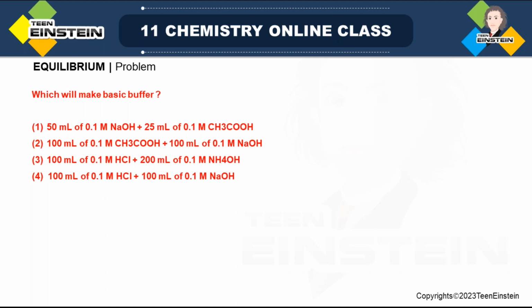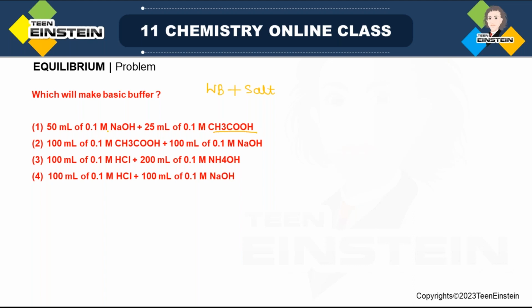Here we have a question: which will make a basic buffer? Basic buffer means it must be a combination of a weak base and its salt, with some strong acid. The first one is 50 ml of 0.1 molar NaOH and acetic acid. That means there is a chance of formation of sodium acetate, and weak acid is already there.